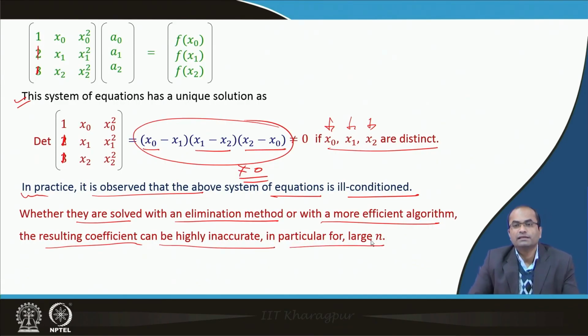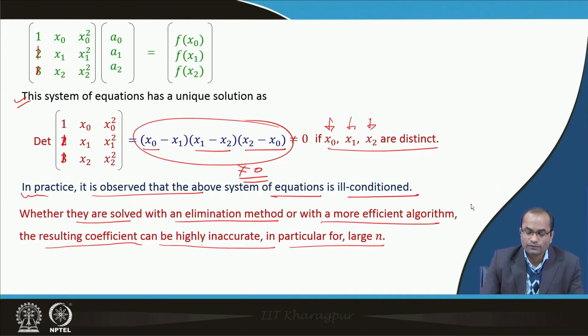Ill condition means a very little error in the matrix entries can lead to highly inaccurate values of the solution, that is a naught, a 1 and a 2.